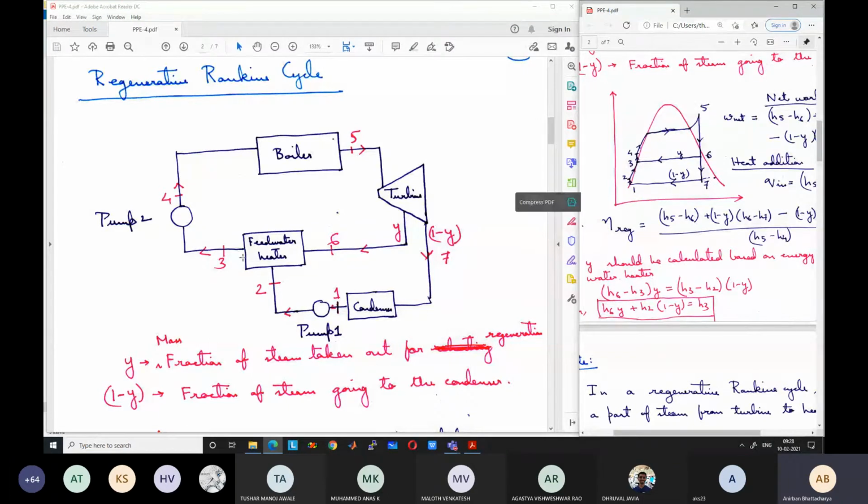Feed water is the water that is supplied to the boiler. Okay, the water that is supplied to the boiler is known as feed water. So because we are heating that water from 2 to 3, this device is known as the feed water heater. Okay, and the pressure that is present in this feed water heater is known as feed water heater pressure.